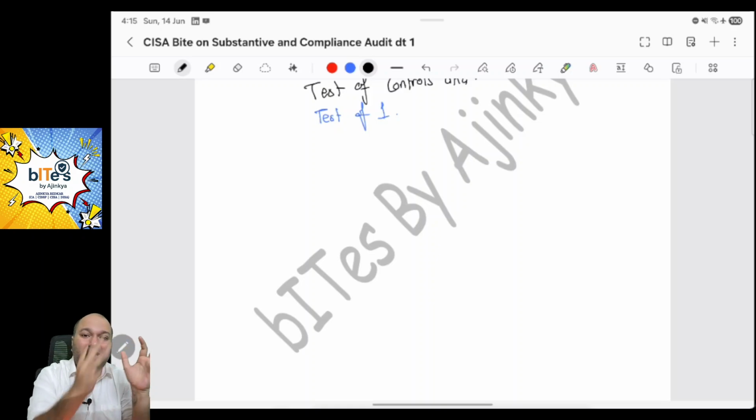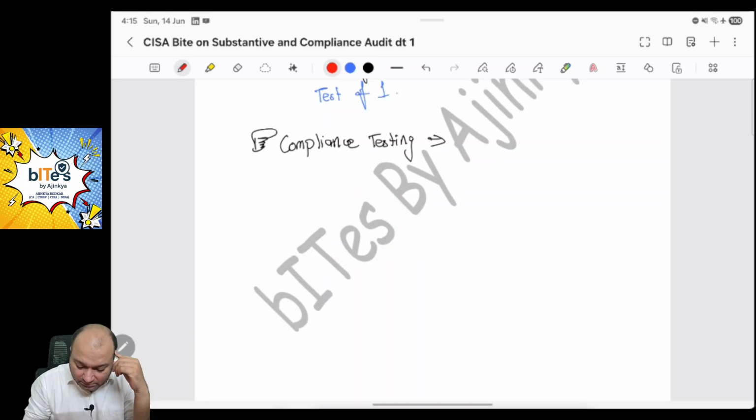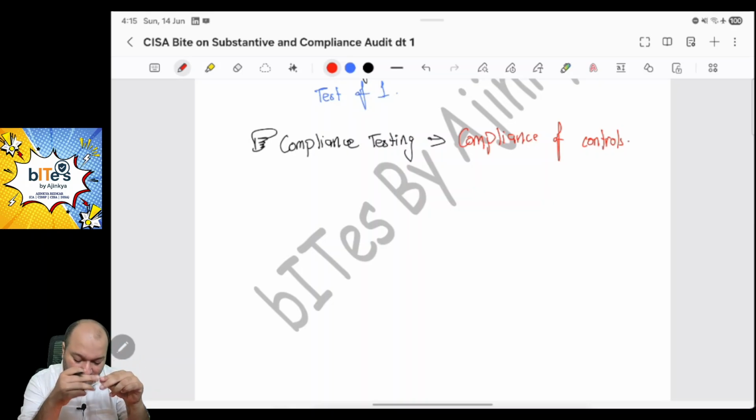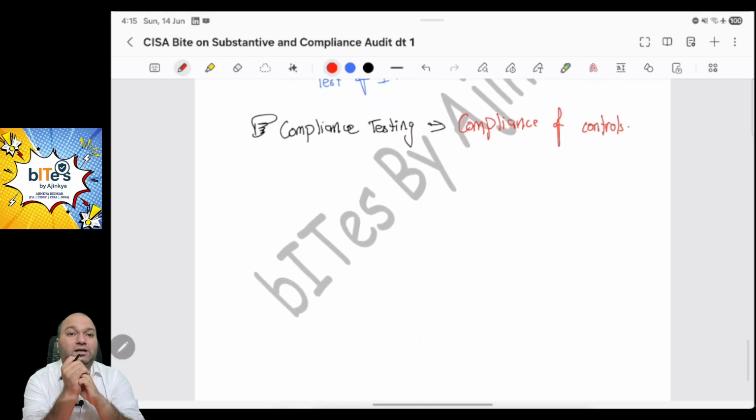The auditor has to check compliance of the policy. For that, the auditor performs compliance testing, where the sole purpose, again I am repeating for the sake of clarity, is to check whether the controls comply. Compliance of controls is to be checked in compliance testing. Now, I have also used one more term, which is test of one.